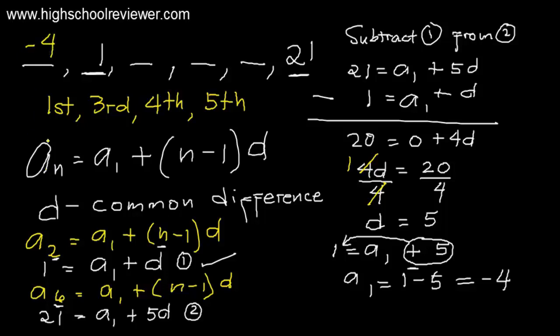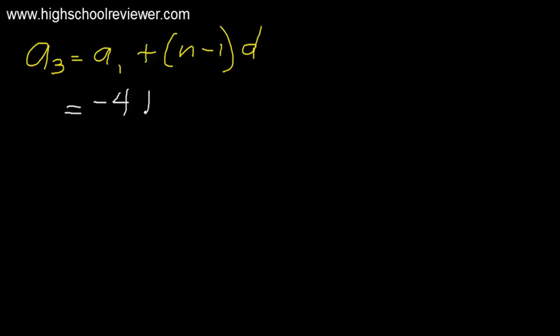We can now find the value of a sub 3. Let us now solve the value of a sub 3. So a sub 3 here will be equal to a sub 1 plus n minus 1 multiplied by d. Okay, so what is the value of a sub 1? Our value for a sub 1 is negative 4 plus our n here will be 3 minus 1 multiplied by d.